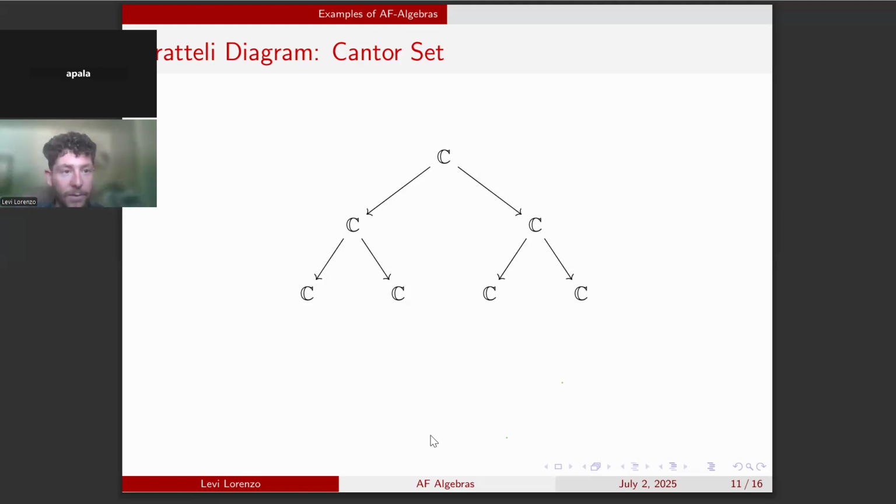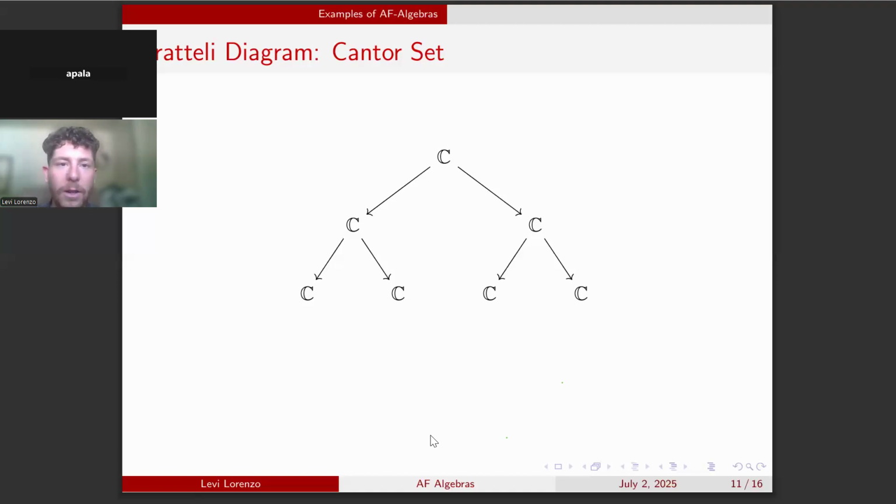This goes on and the tree branches out, mirroring what's happening with the Cantor set as you break things apart. At each level of partition you stick a copy of the complex numbers, because those are your locally constant functions, which are dense in the continuous functions on the Cantor set.